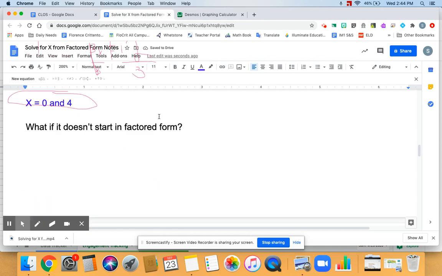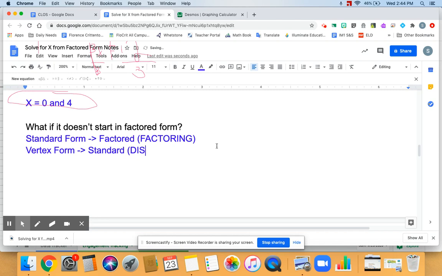So what if it doesn't start in factored form? Well, it could start in standard form. And to go to factored, we use something called factoring. And if it started in vertex form, first I'd have to go to standard by distributing.